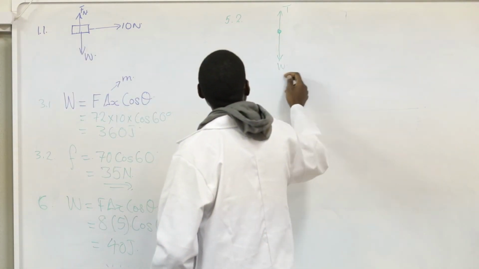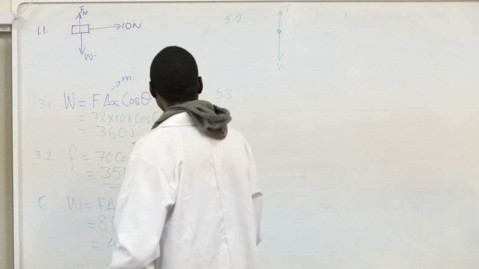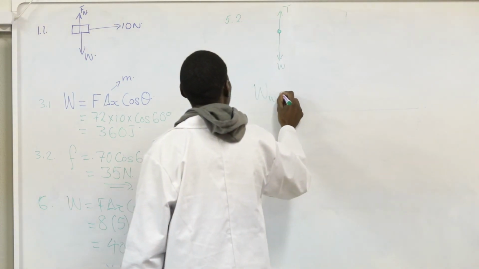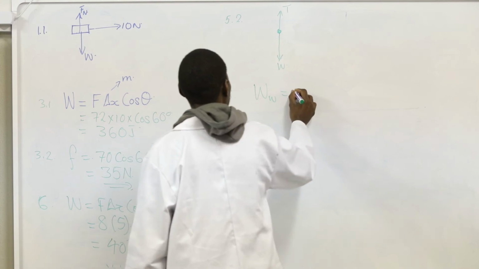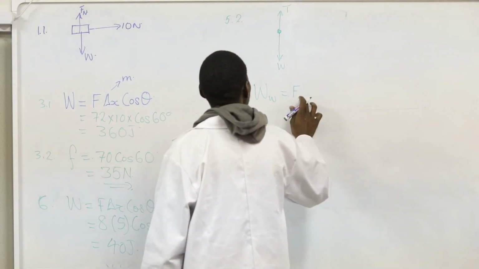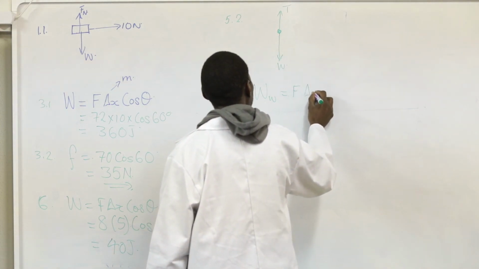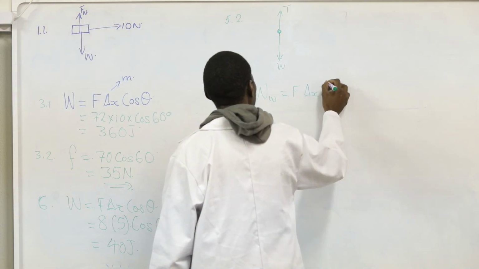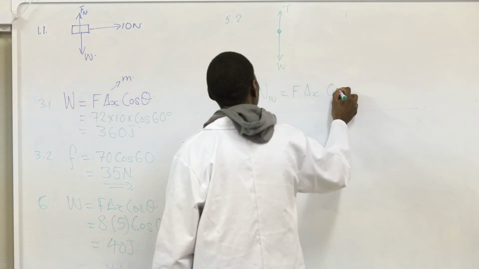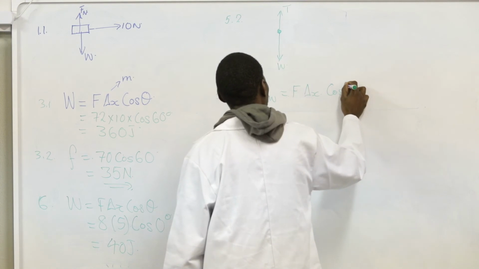So now, work done by gravitational force is work done by the weight of the object. So the work done by W is equal to, once again, force times change in x times cos of 0 degrees, because it's along the plane.